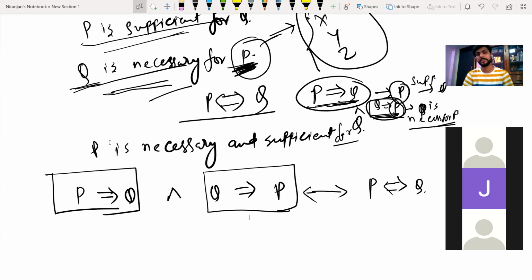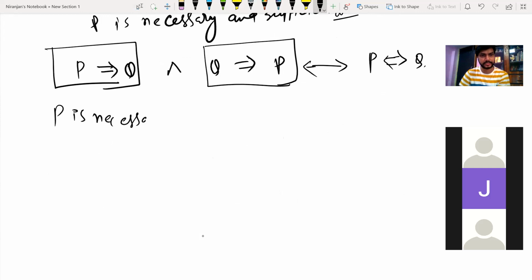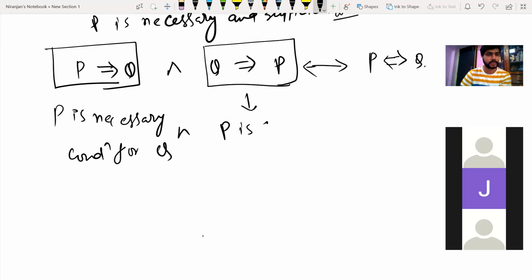Now coming to biconditional, P both ways implication Q, I can say biconditional. You can break it down using the definition: P implies Q and Q implies P, using the intersection, right? Now, because these two are equivalent, I have just shown that for this part P is necessary condition for Q. And from here, you are saying P is, I'm so sorry, what did I write?